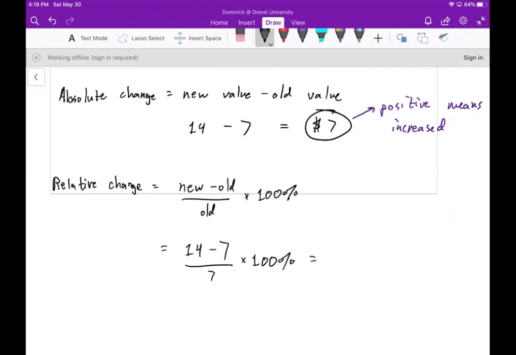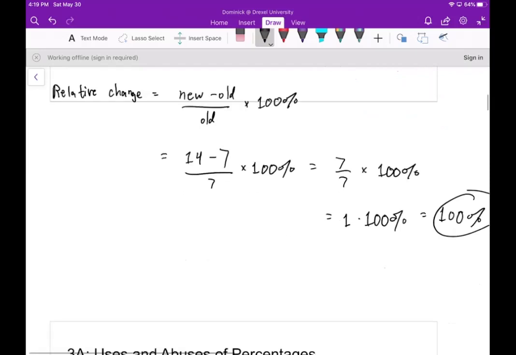So this is actually going to give me a 7 over 7 times 100%, which of course is 1 times 100%, which is 100%. Which makes sense because if you double, then you increase by the entire thing that you started with. You made a 100% increase. And again, since it's positive, that means that it's an increase.